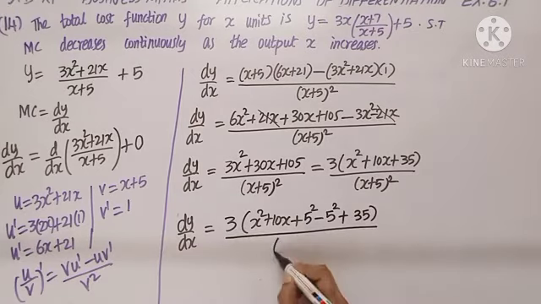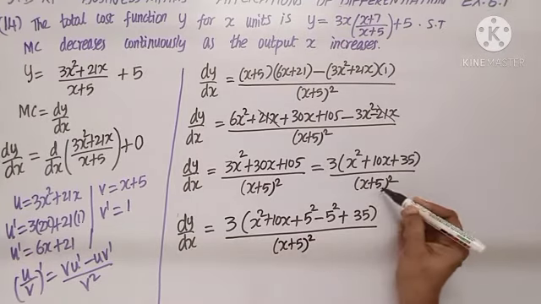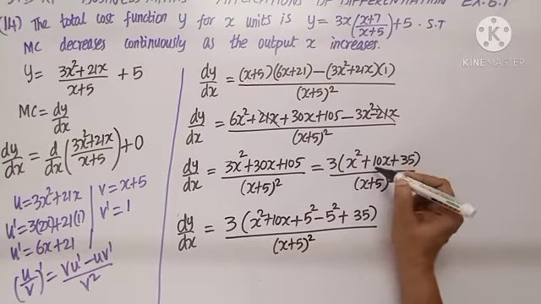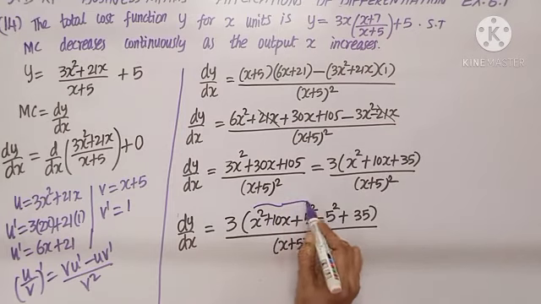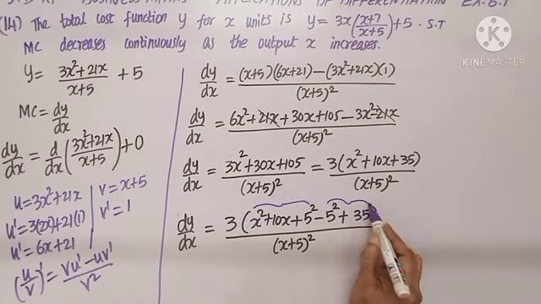We try to write the numerator like the denominator. Here I have x plus 5 the whole square. 10x, I can write 10 by 2 as 5. Add 5 square, subtract 5 square. Now connect these 3 terms and these 2 terms.